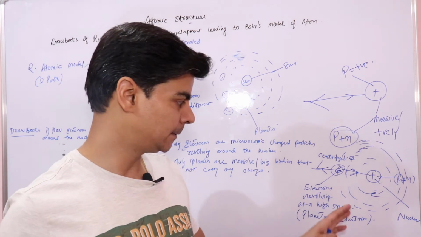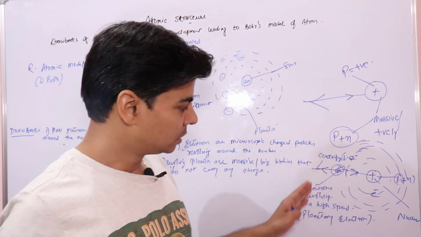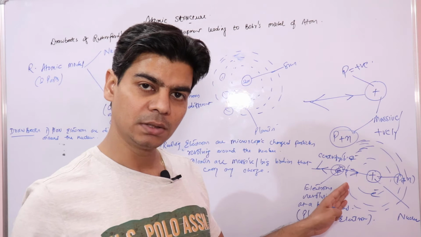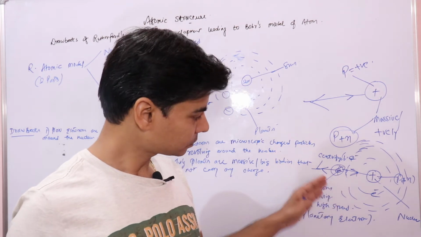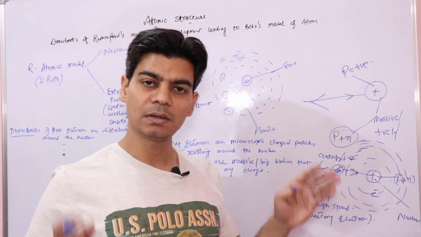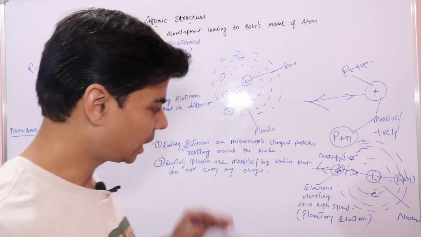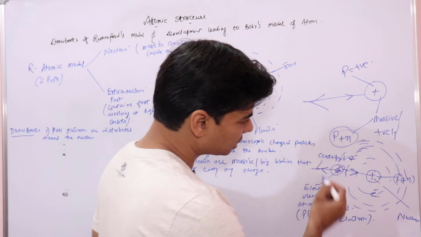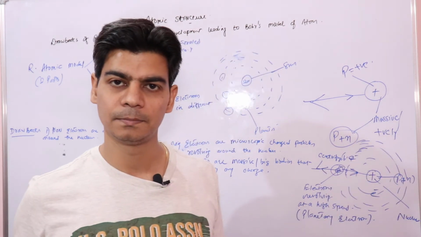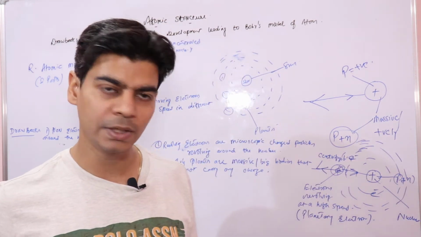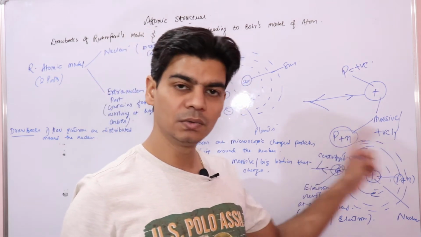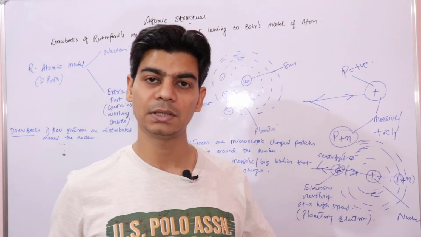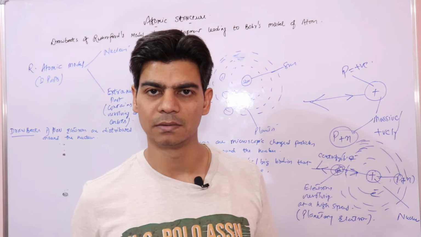Due to this, the electron does not fall into the nucleus, right? But since this is a charged particle, as per Maxwell's theory, when a charged particle is revolving, it will continuously lose energy in the form of electromagnetic radiation, right?